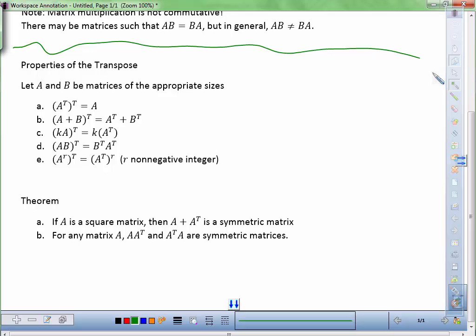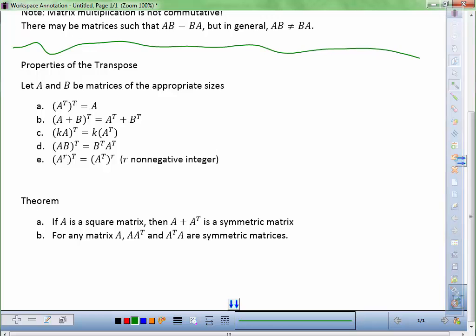And depending on what book you're looking at, I think it's usually denoted with a capital T, or maybe sometimes a lowercase t. So I think the transpose was defined already as the idea of switching the rows and the columns of a matrix. But here are some properties that are involved in the transpose.